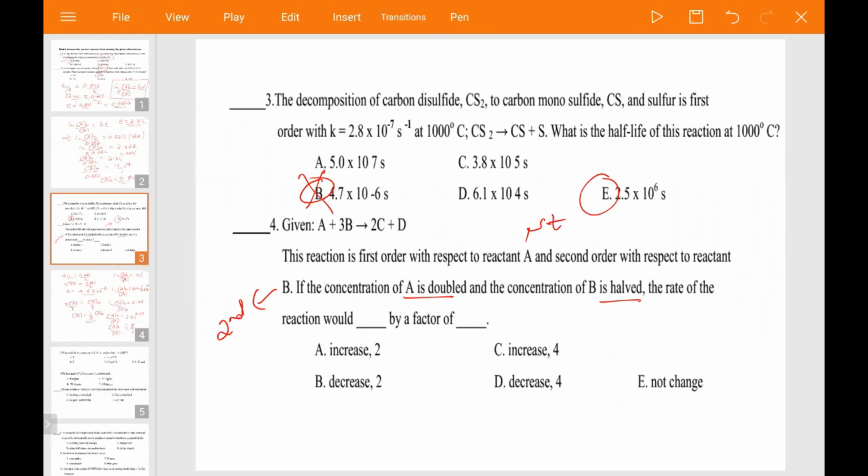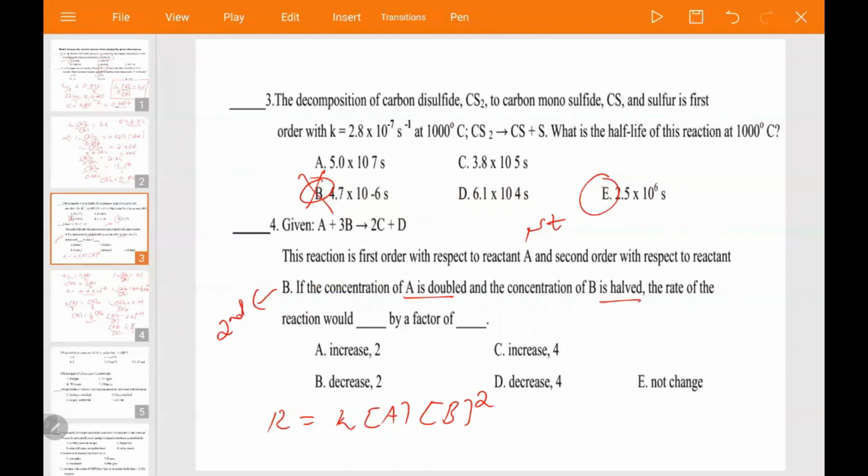What is the new change in rate? Now we can write the rate law. The rate for this will be k times the concentration of A, and it is second order with respect to B and first order with respect to A.